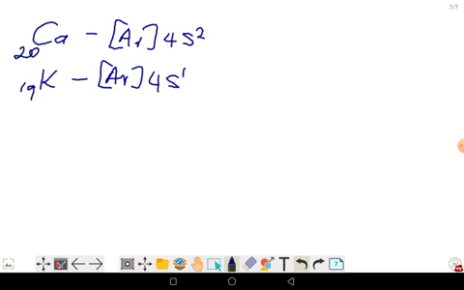The first ionization energy is the energy required to remove the first electron. From the foregoing, we can see that calcium and potassium are on the same energy level, which means they have an equal number of shells. So atomic radius or shielding effect will not play any role here, because they have equal energy level, which is 4.